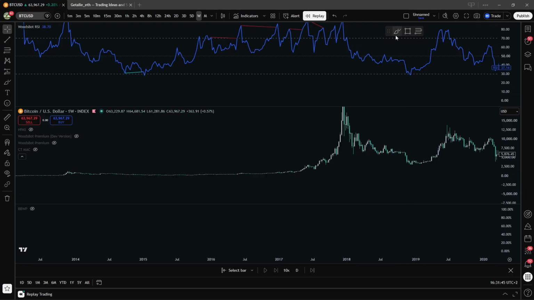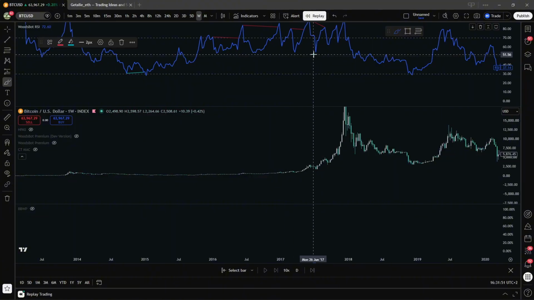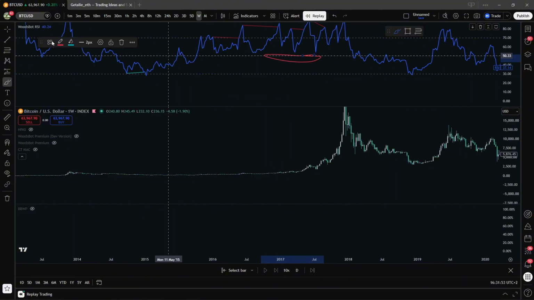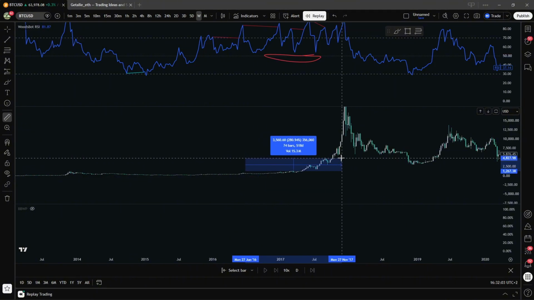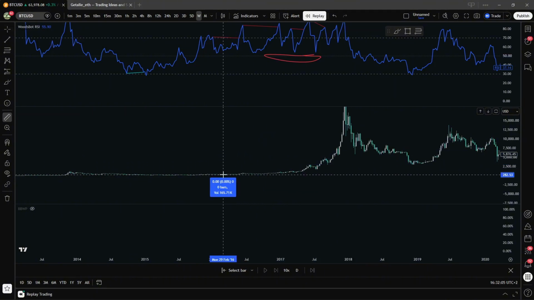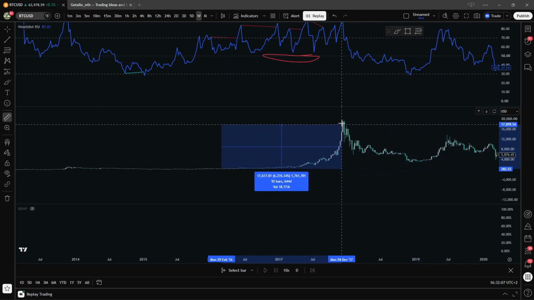However, you can see how as long as the RSI stayed above this 50 mark, price action was bullish, right? So this whole time the RSI stayed above the 50 mark and even in the overbought area for so long, like for 500 days. And you can see how massive this pump and push was, right?